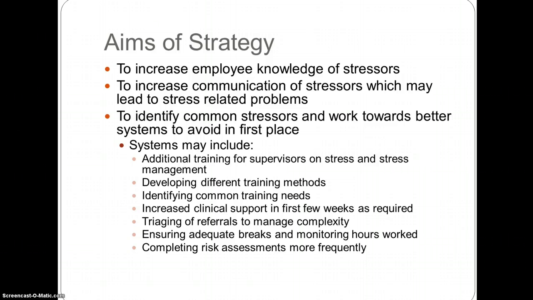This was variable for each employee. And triaging referrals to manage the complexity, spreading the complex patients amongst the staff so everyone has an equal measure of complex patients. Ensure adequate breaks and monitoring hours worked, and complete risk assessments more frequently or as required rather than just on a yearly basis.